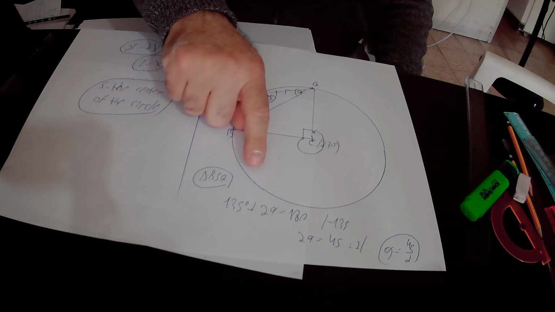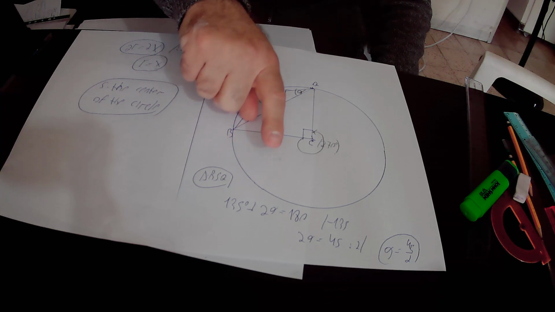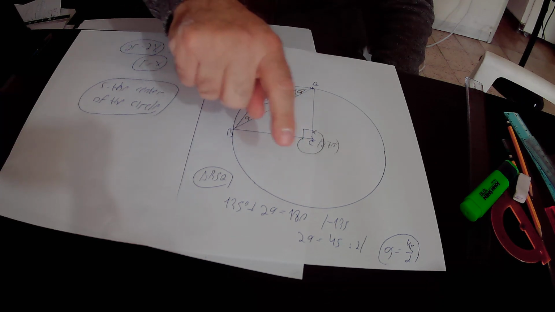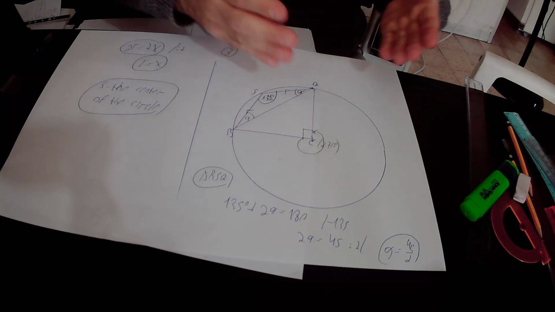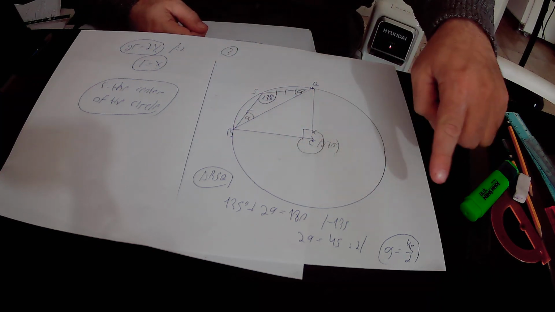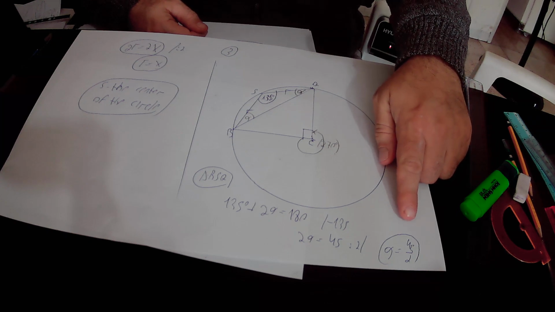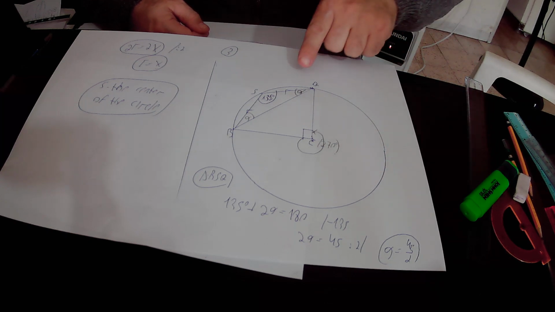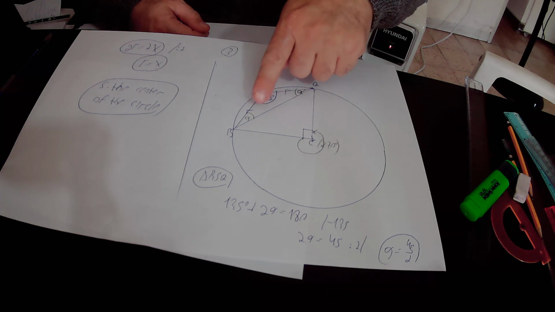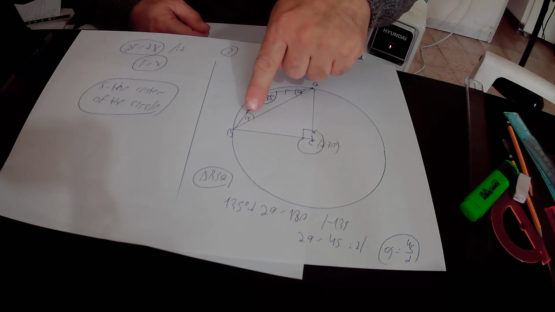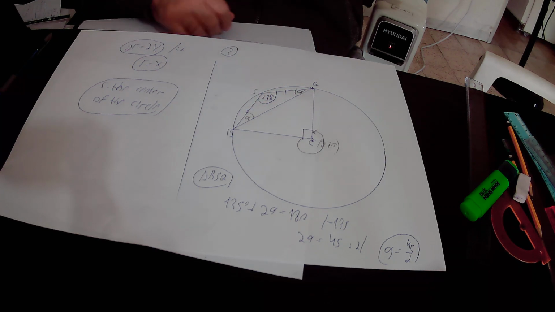We subtract 135 degrees and find that 2 alpha equals 180 degrees minus 135 degrees, which is 45 degrees. So 2 alpha equals 45 degrees. We divide this equation by 2 and find that alpha equals 45 over 2 degrees. This is angle alpha that equals 45 over 2 degrees, and this is also angle alpha that equals 45 over 2 degrees in its size.